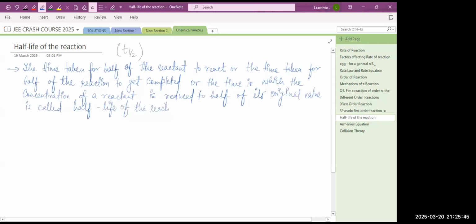So that's called the half-life of a reaction.